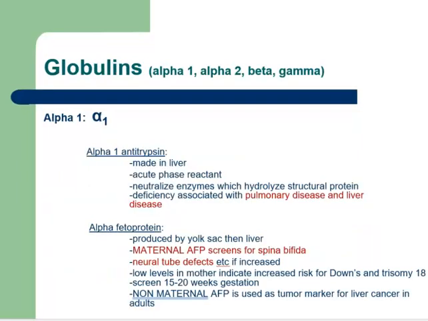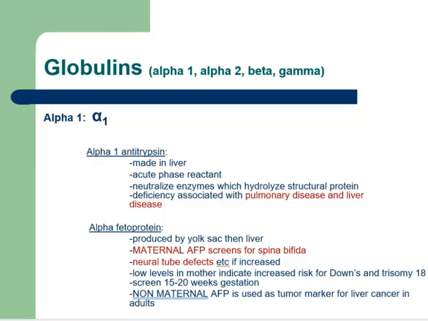So as promised, let's talk a little bit more in detail about the different types of globulins. Let's start out with our alpha 1, also referred to as just A1. You have alpha 1 antitrypsin to start off with. This is made in the liver. It is known as an acute phase reactant. So what is that? That is a protein that can be increased or decreased during inflammatory states.